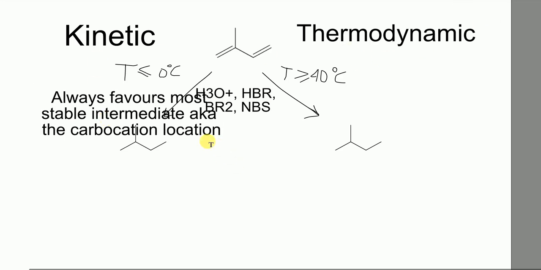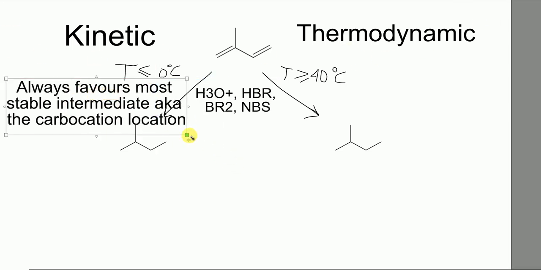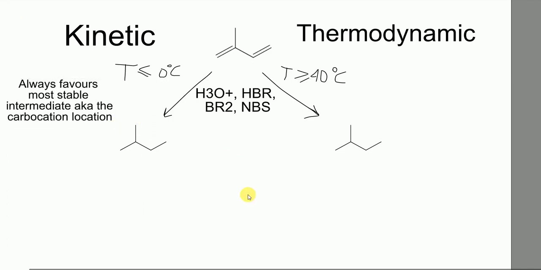So the kinetic product is always going to favor the location that forms the most stable carbocation, and that's going to determine our final product. Okay, so in this reaction right here, I have this molecule.